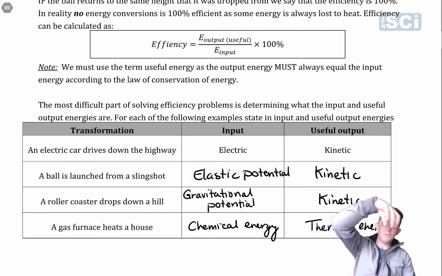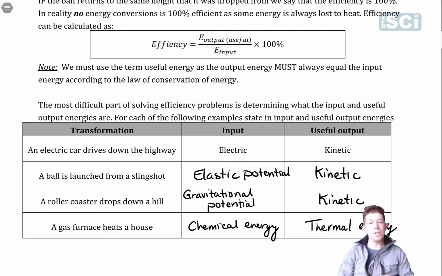As it starts to move down the hill, the useful, or output, energy here is kinetic energy. In the last case, the gas furnace is driven by the chemical energy in the natural gas, and it's producing thermal energy, that heat that you have inside your home. So that's the output energy in that case. That fills in the rest of this table.